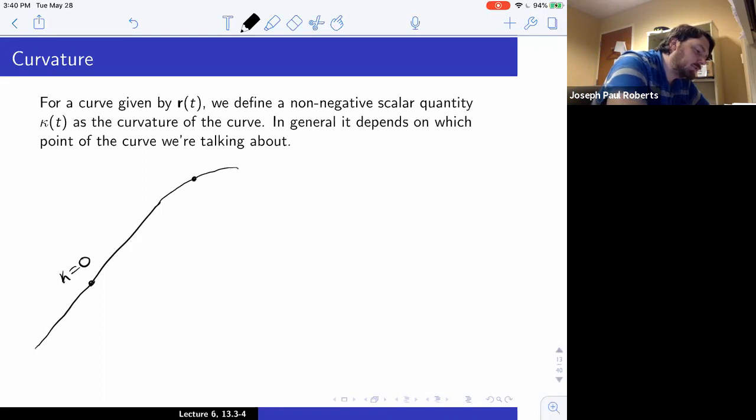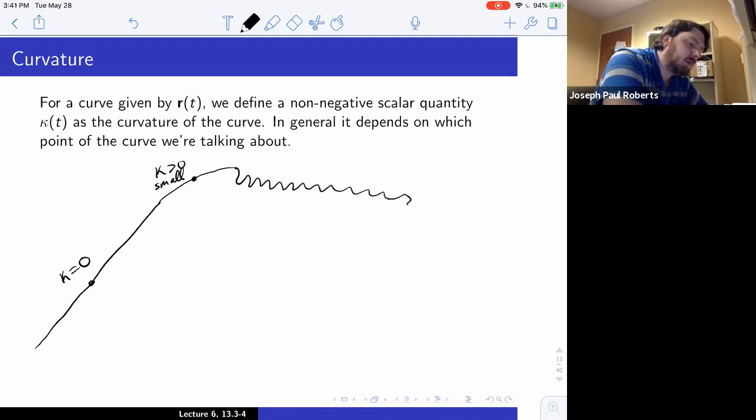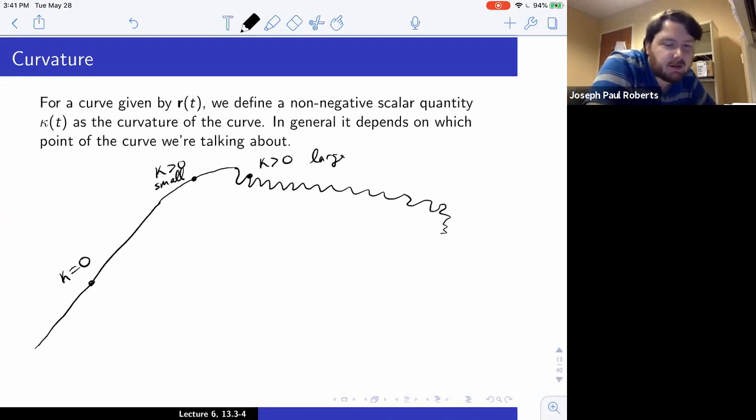So it's not a straight line, but it's not that curved. So let's say you have small positive curvature at that point. But then let's say after that, it gets very curved. Then we would say that has larger curvature.